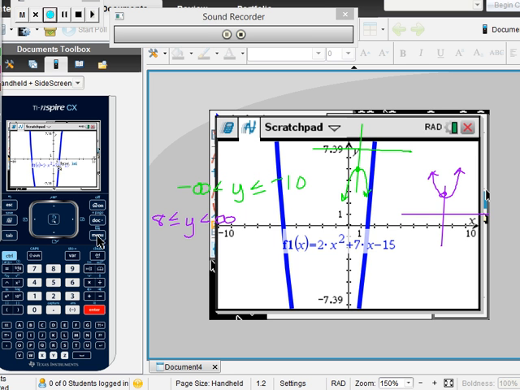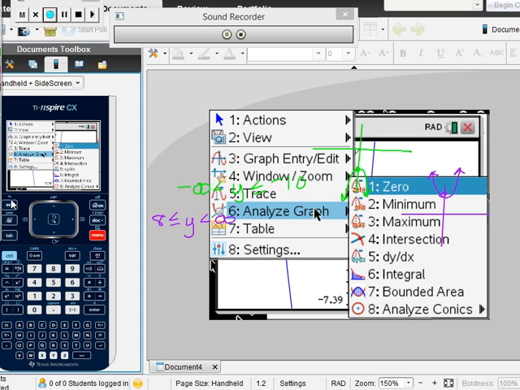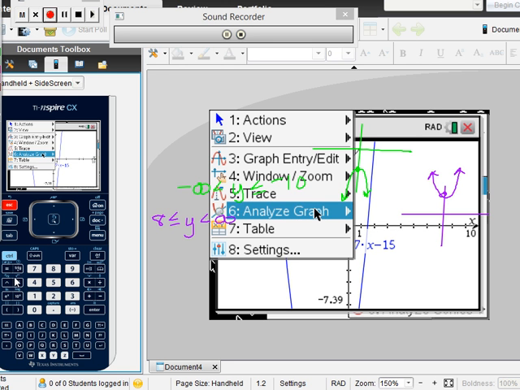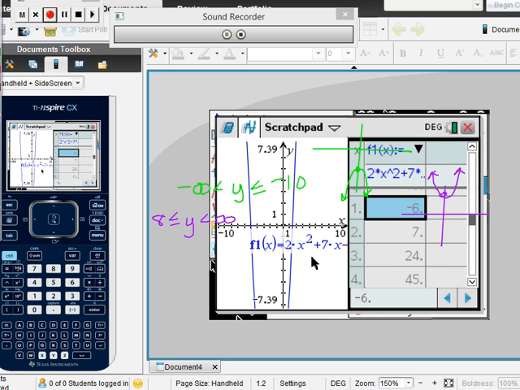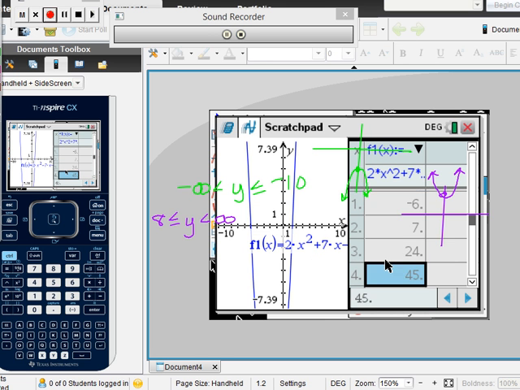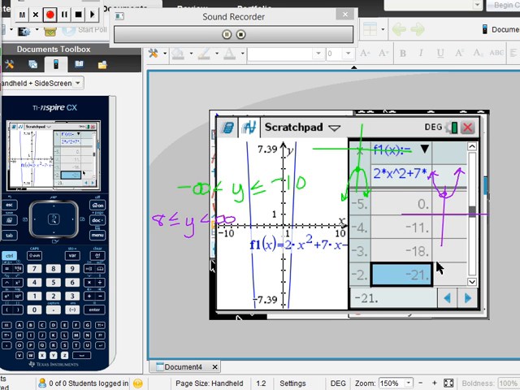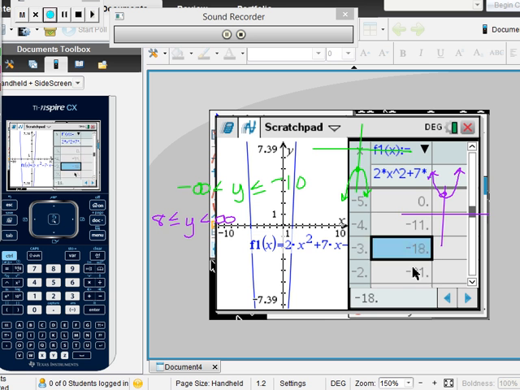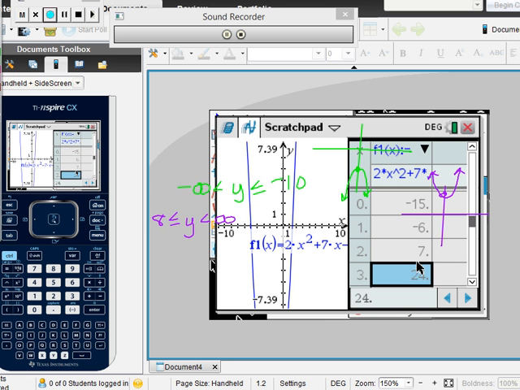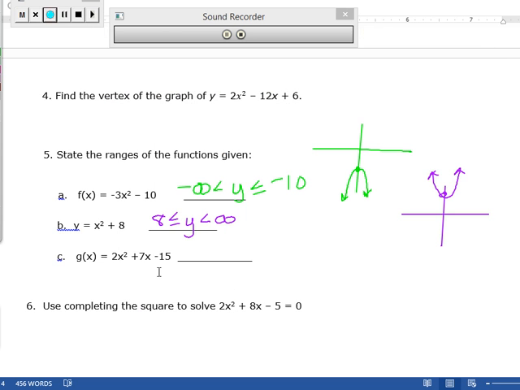Okay, gotta zoom out. Or actually, I can look at the table. Control T. And where does it look like it's at its minimum? Oh, I don't see the symmetry. They don't match. You've got 11, 18, 21. Yeah, that doesn't match.